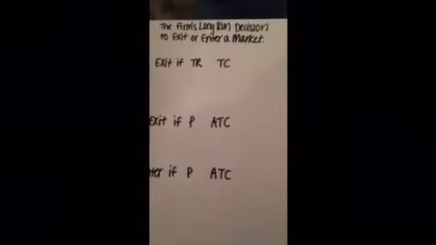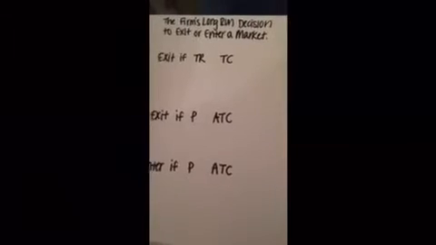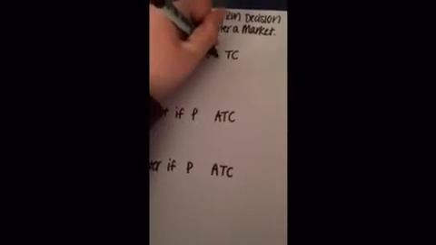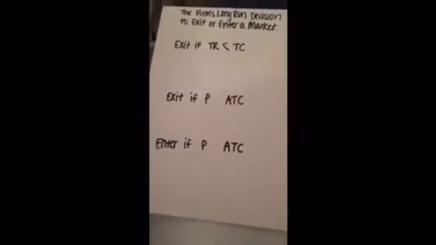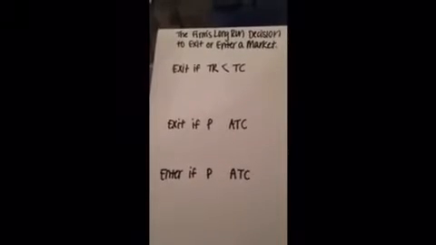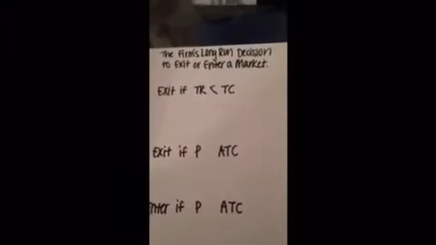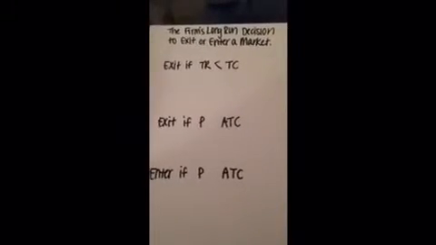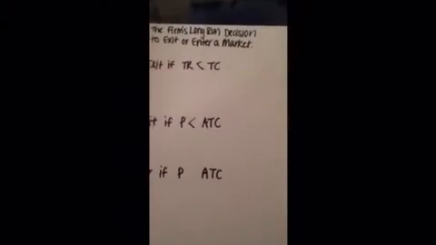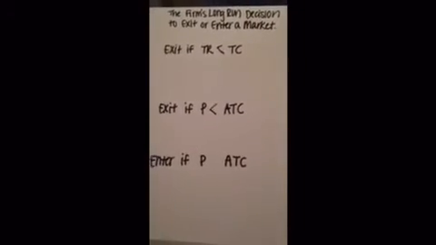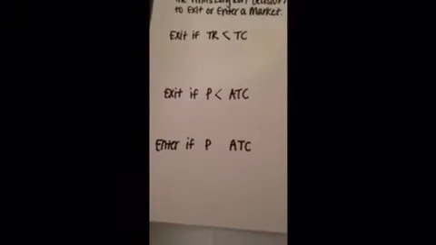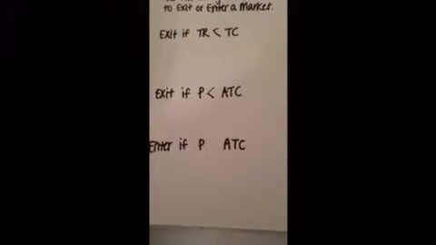If TR stands for total revenue and TC stands for total cost, then the firm's exit criterion can be written as exit if TR is less than TC, which means the money you're making for the product is less than it costs you to make that product. It can also be written as exit if price is less than average total cost, because the total revenue curve is the marginal revenue curve, the average revenue curve, and the price curve. So those can be written as the same thing.